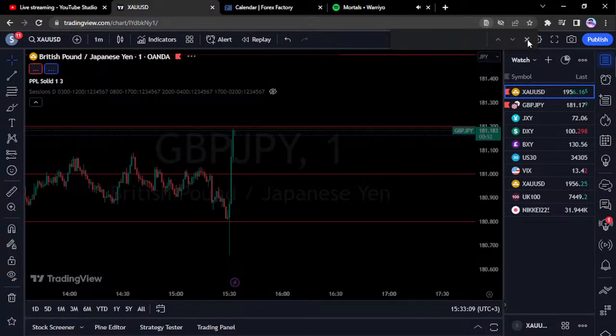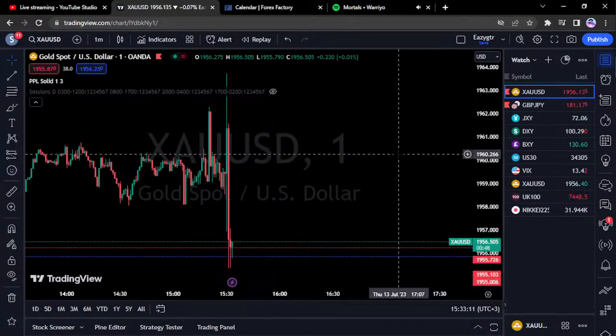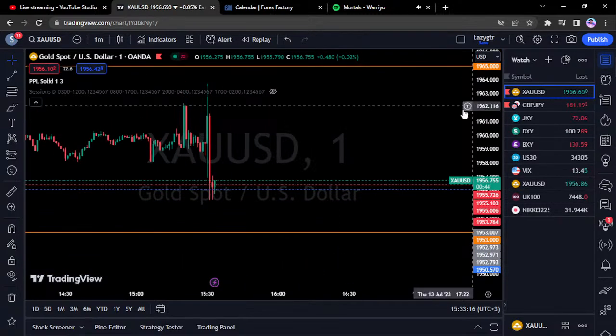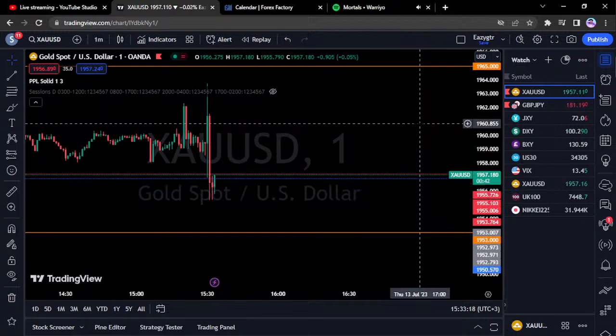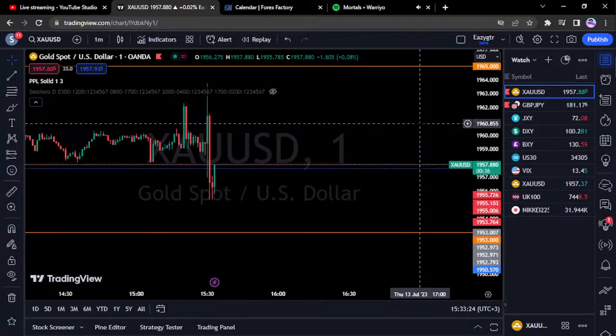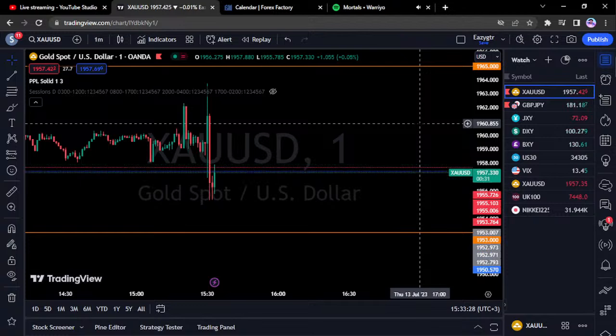So let us look at gold. What's going on in gold? Until you get our pre-planned trade ideas, I'm not going to execute on anything.